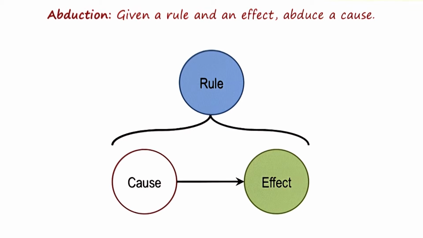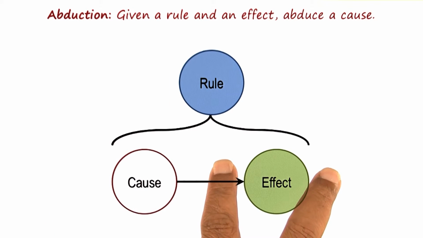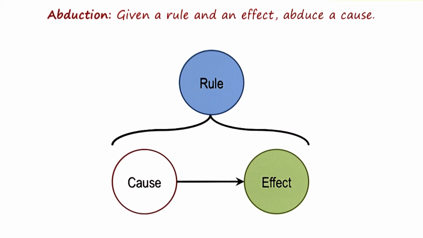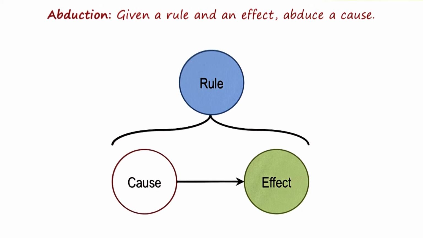First, deduction is truth-preserving. If the rule is true and the cause is true, we can always guarantee that the effect is true as well. Induction and abduction are not truth-preserving. We may know something about the relationship between cause and effect for some sample. That does not mean that the same relationship holds for the entire population. Induction does not always guarantee correctness. Same for abduction. We may know the rule and the effect, and we may suppose that the cause is true, but that need not necessarily be true.